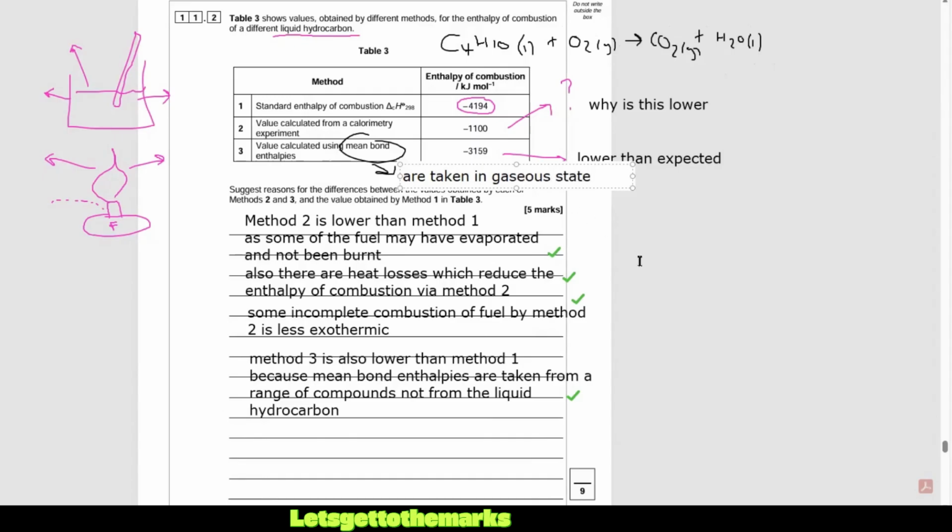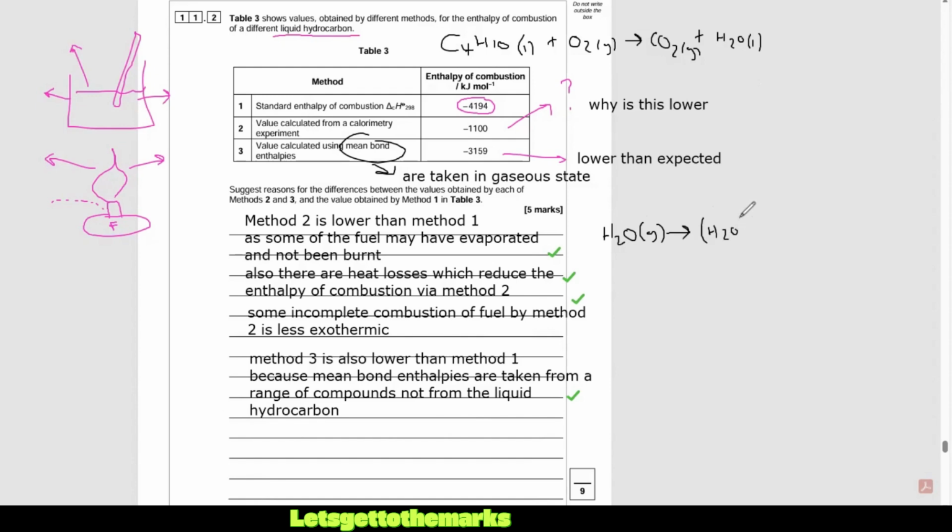Now, what we have to appreciate is that they might not have taken into account the fact that water ends up in the liquid state. So it condenses from H2O(g) to H2O(l). So water goes from H2O(g) to H2O(l).